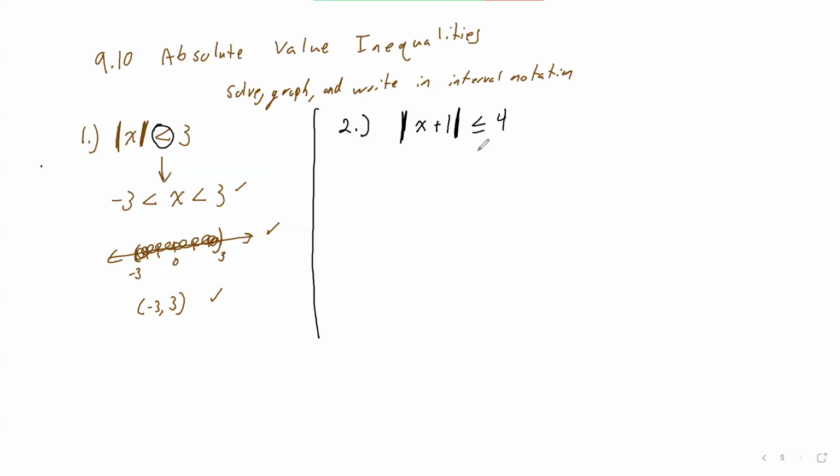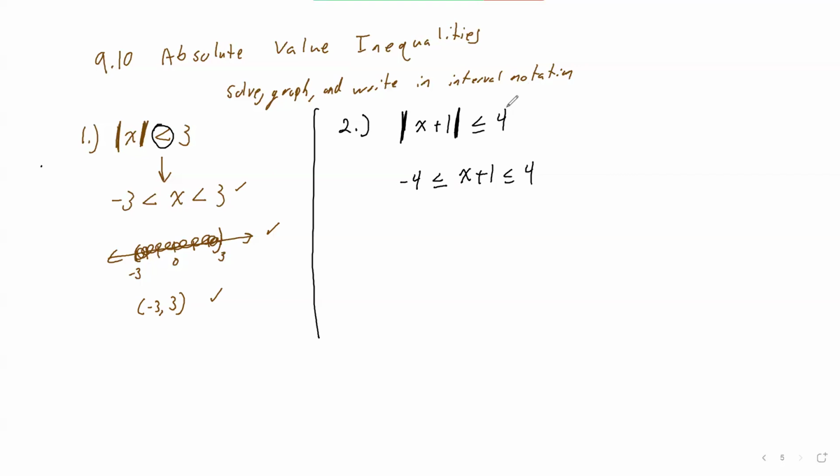Because it's a less than or equal to, I can go opposite of this number. So I'll say -4 less than or equal to x plus 1, I'll drop the absolute values, less than or equal to 4. Because just like over here, whatever x is, as long as it's between 4 and -4, when I plug it in, the ultimate answer will be less than 4.